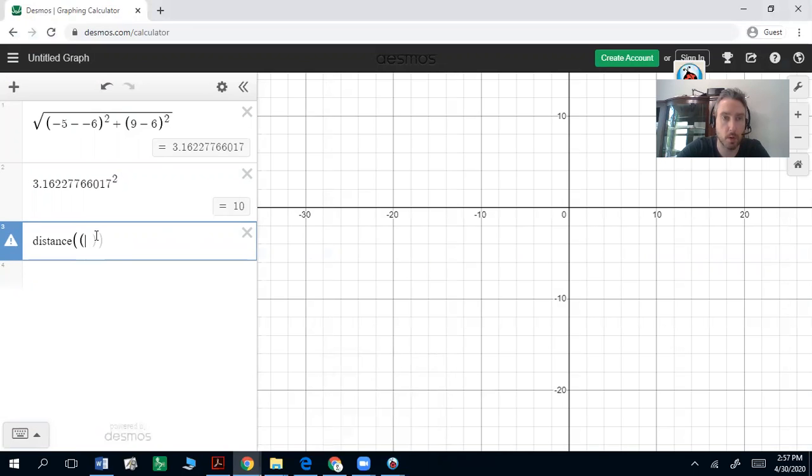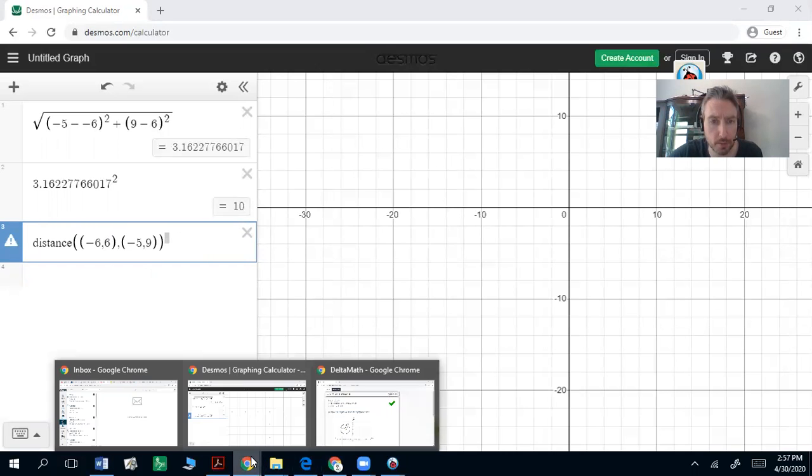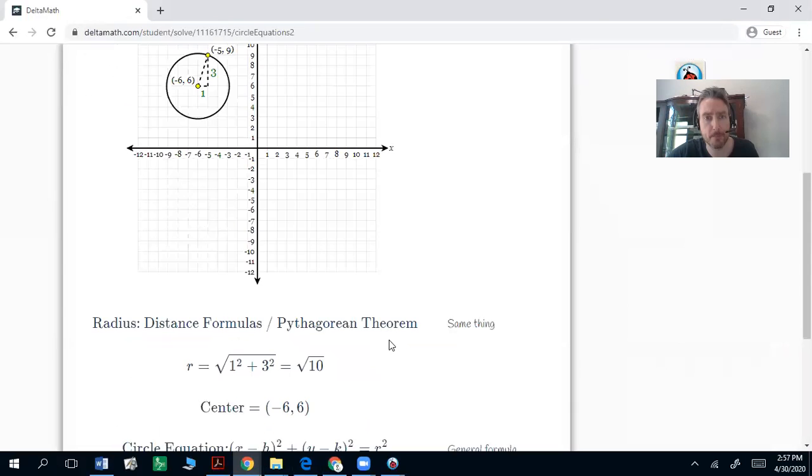So the 2 coordinates were -6, 6, close up those parentheses, put a comma, and then the other coordinate was -5, 9. So it gives you the distance that way too. And if you want to square that, you can just square it and it gives you 10. So the distance squared is equal to 10, the radius squared. And that actually can work for all the problems here.